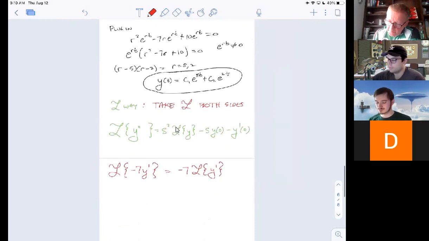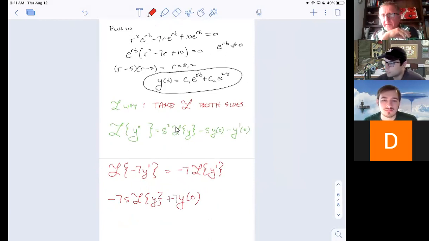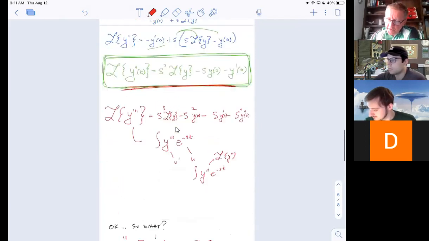So what was it? It was s times the Laplace transform of y, so that'd be -7s times the Laplace transform of y. And then it was minus y of 0, right? Except we're multiplying that by -7, so now that actually becomes +7 y of 0. Did I get that right? Let's just double check.